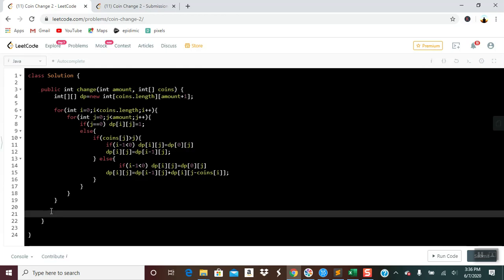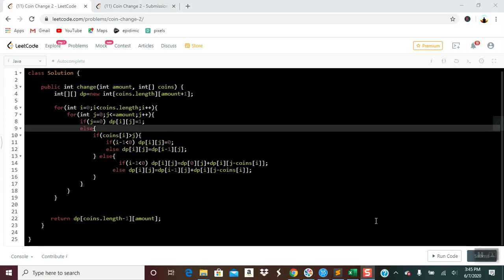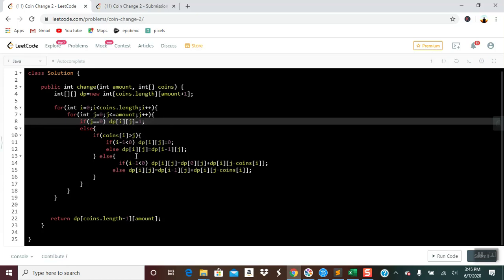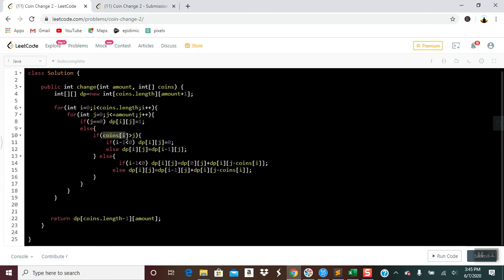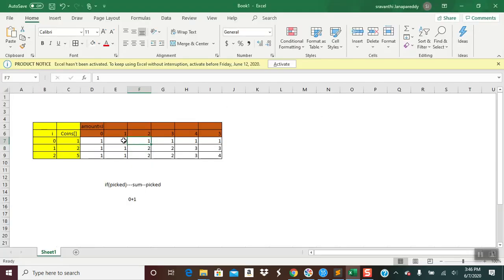Now return dp of coins length, amount. So yeah, I just made it this one. If you look at here, if the coin value is greater than the amount, then we are simply taking the previous value, this value we are taking, right?